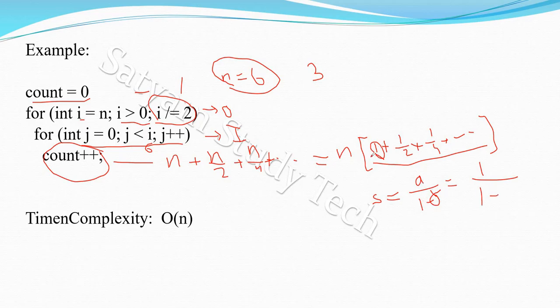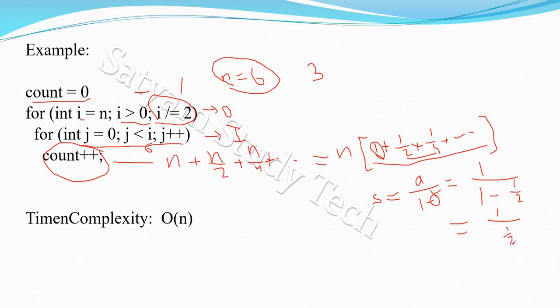What is r? The ratio between the first term and second term. Here it is 1, here it is 1 by 2, so half is the difference. Here also 1 by 2, and the next third term is 1 by 4, here also a half. So r is 1 by 2. Now we can simplify this one: 1 by 1 minus 1 by 2, 2 minus 1, that is 1 by 2.